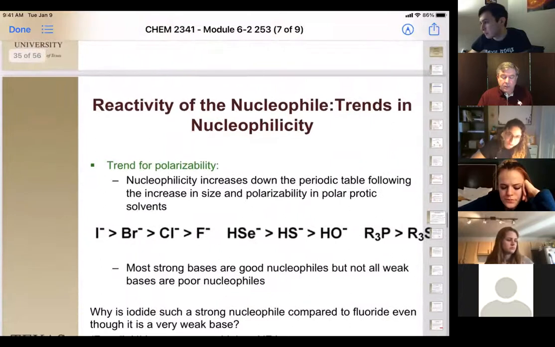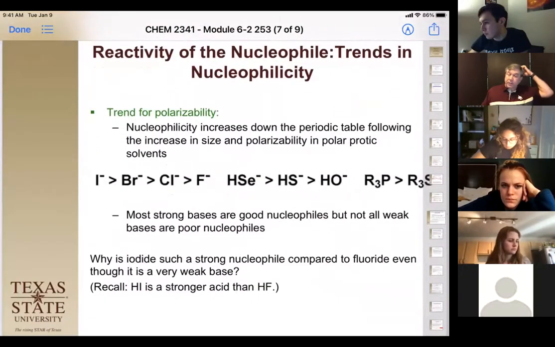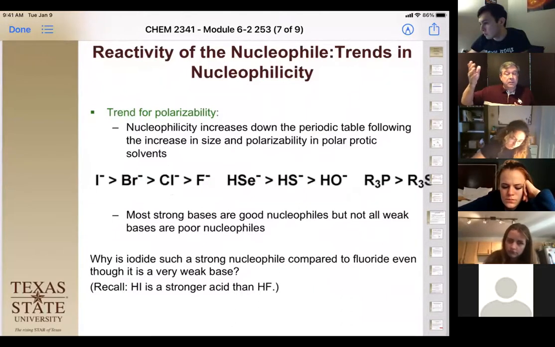And the next thing is polarizability. Within a group of materials, we saw that electronegativity was a key.